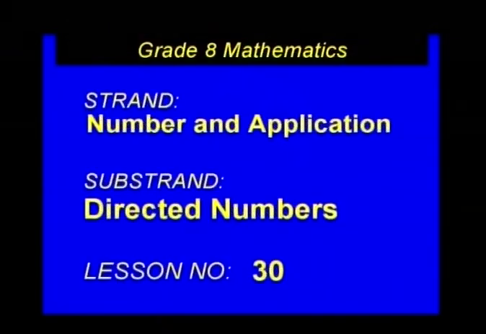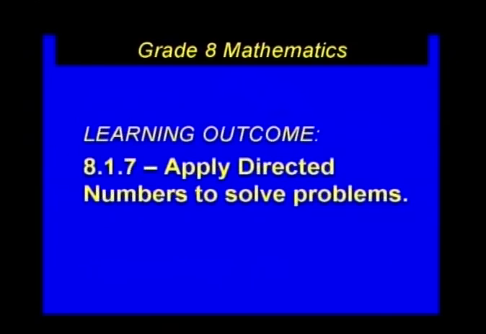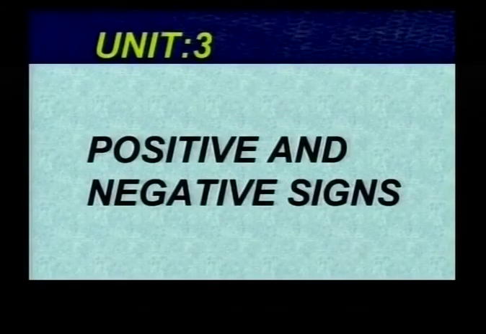For today, we are going into our new unit, and it begins today. We are still on the strand Number and Application, substrand Directed Numbers, and our learning outcome is 8.1.7: apply directed numbers to solve problems.